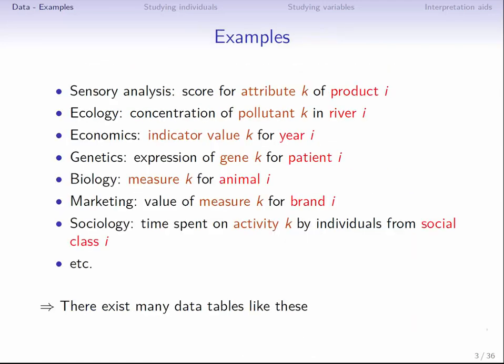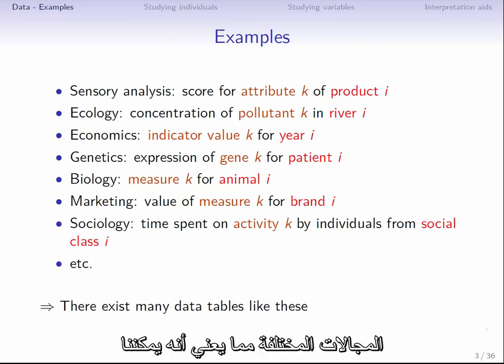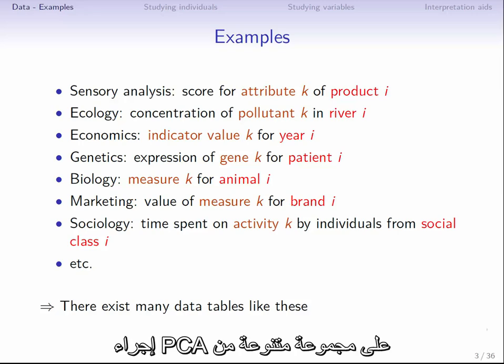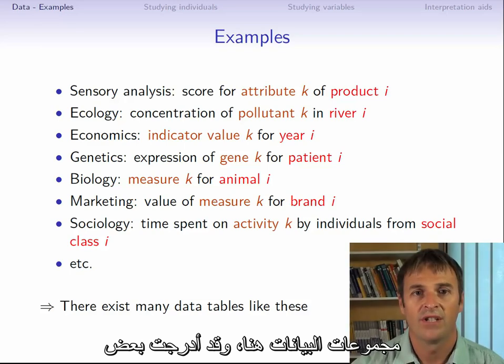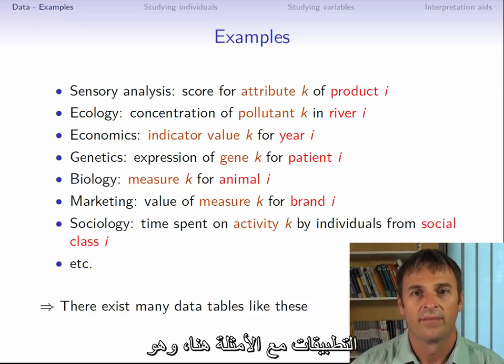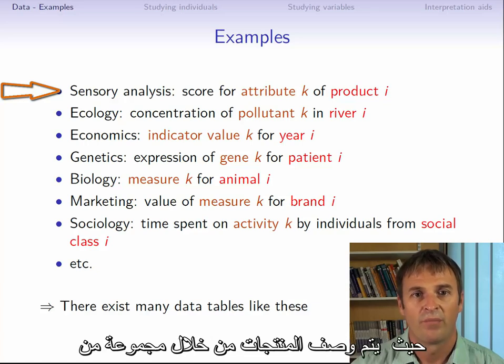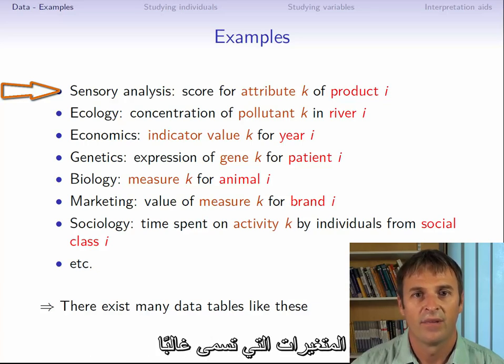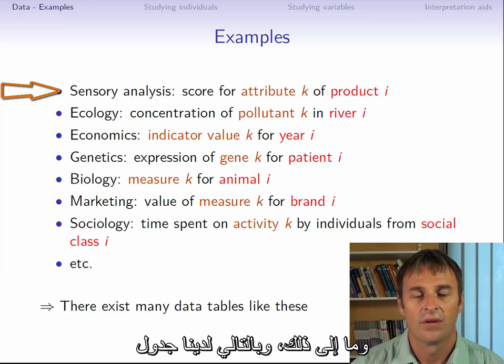Data tables with individuals in rows and variables in columns can be found in many different areas, which means that we can perform PCA on quite a diverse range of datasets. Here, I have listed a few applications with examples. Here is the first example involving sensory analysis, where products are described by a set of variables, often called sensory attributes, like sourness, bitterness, sweetness, and so on.